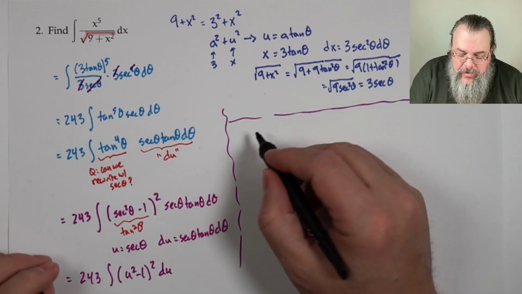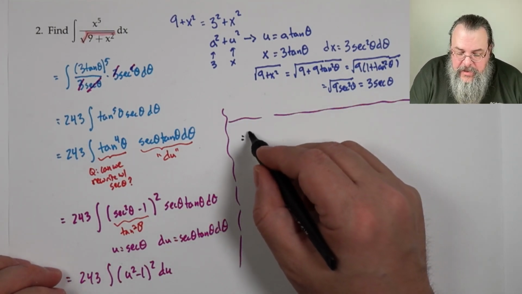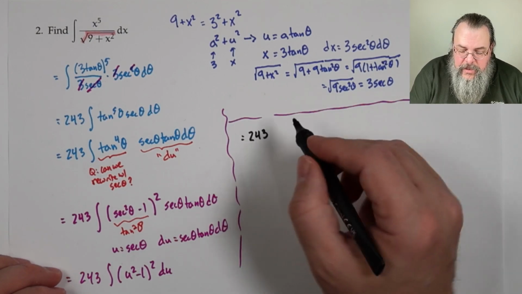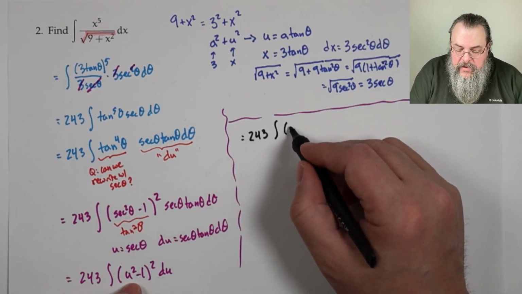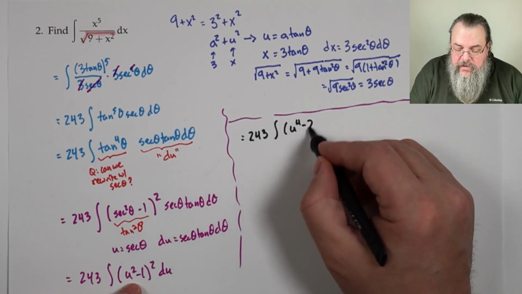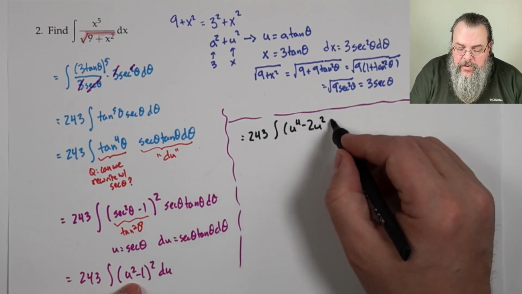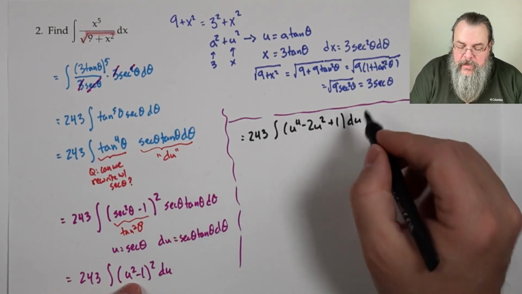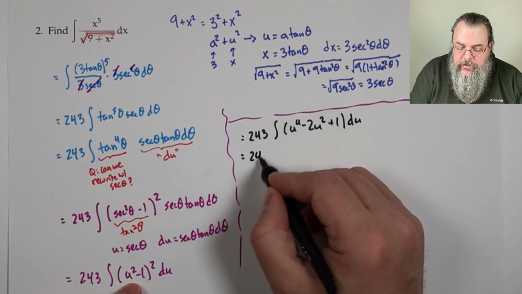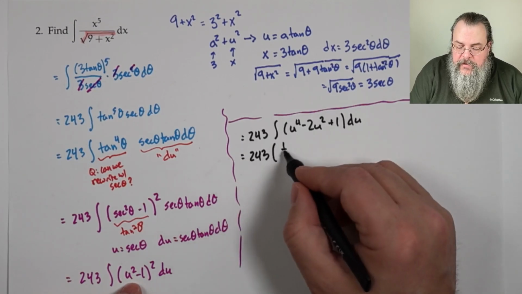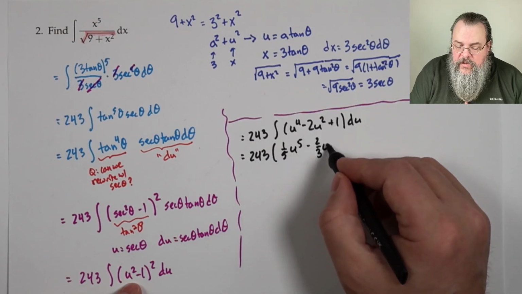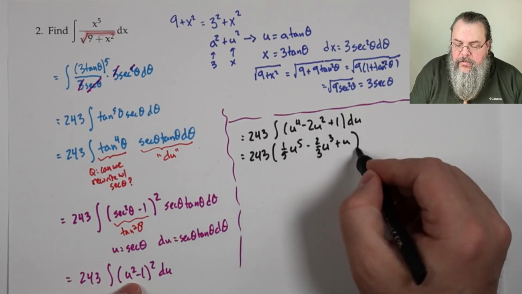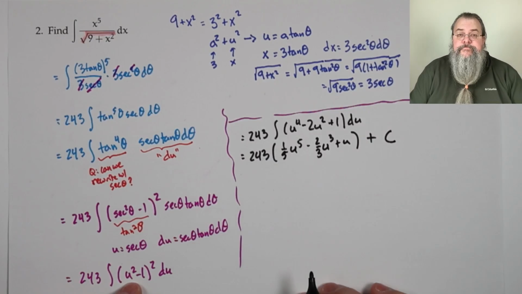Okay, so this becomes 243 integral. If you expand this out, do your foiling, you get u to the fourth minus 2u squared plus 1. All right, so that's 243 times 1/5 u to the fifth minus 2/3 u to the third plus u plus c.